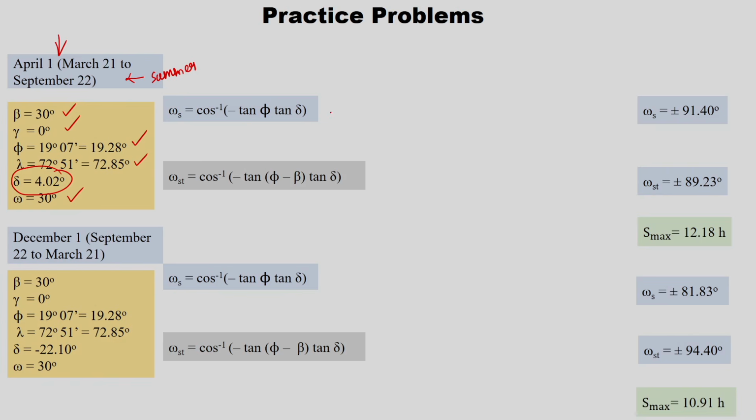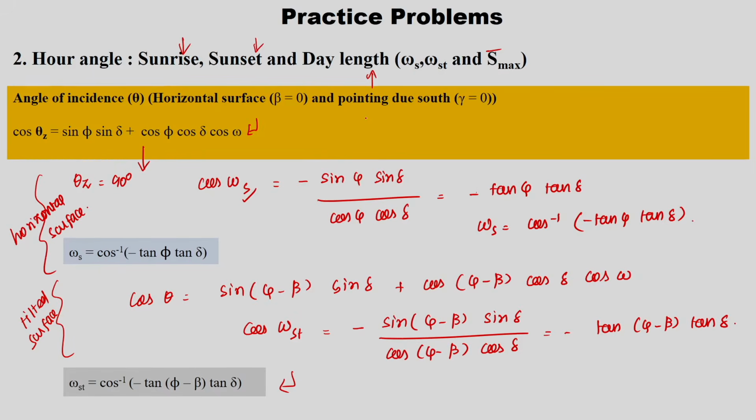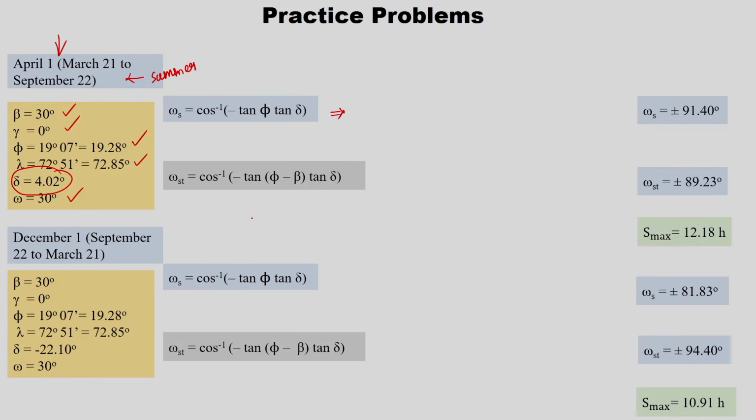For this, if we calculate on the horizontal surface, we can still use this formula to calculate for the tilted surface. If we substitute, omega s is cos inverse of minus tan 19.28 degree tan 4.02 degree. If we calculate, we would get omega s as plus or minus 91.40 degree.